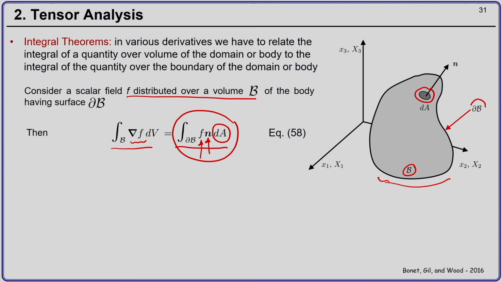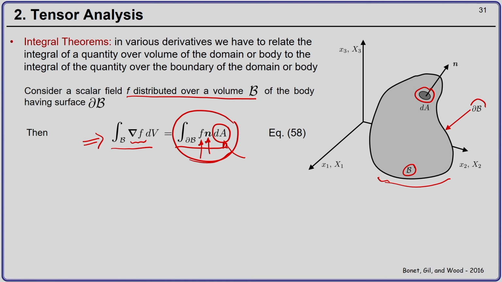So, what you do? If you want to compute the gradient of the scalar field over the entire volume of the body, then this will be same as the integral of the scalar field multiplied by the normal to an infinitesimal area dA integrated over the entire area of the body.